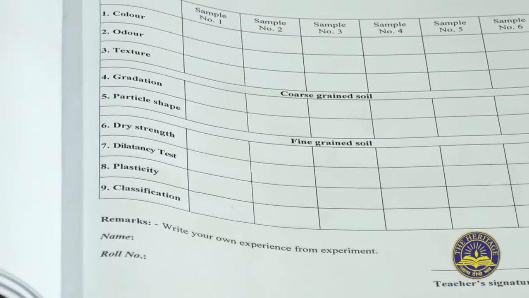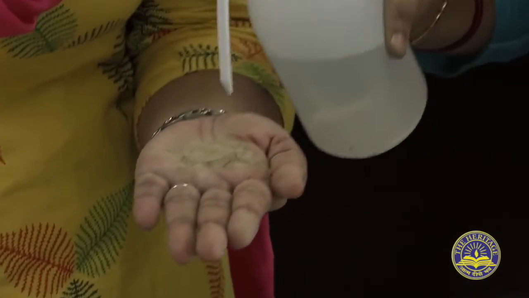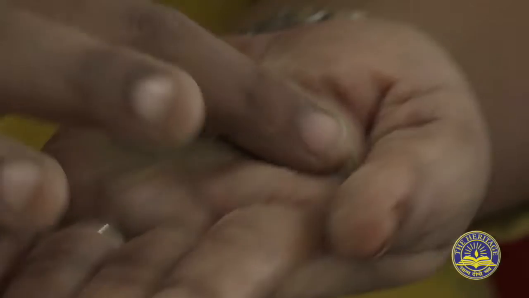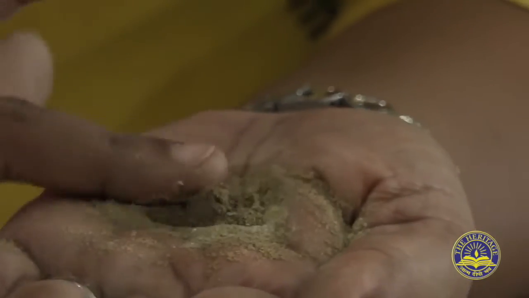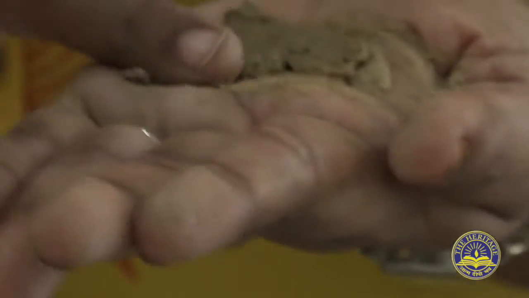Next is the dilatancy test. For the dilatancy test, we take some soil, mix water, and make a pad.